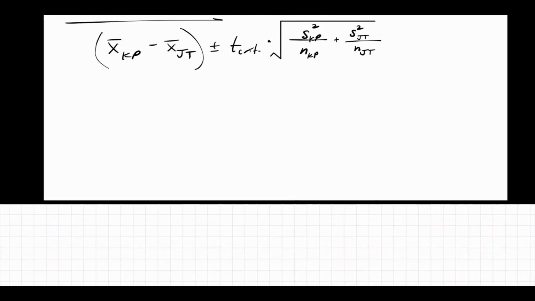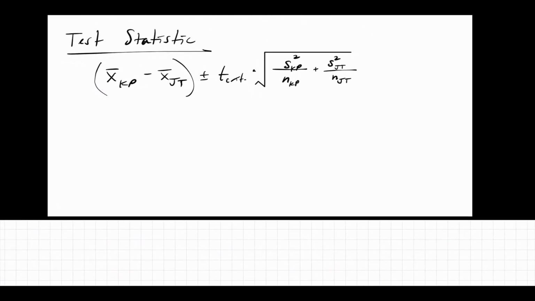All right, so now we have conditions and assumptions. We're going to have 3 columns.